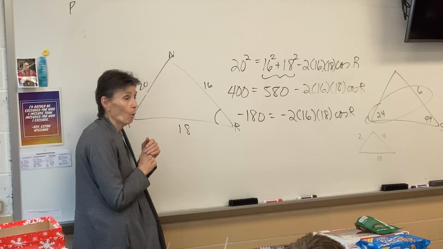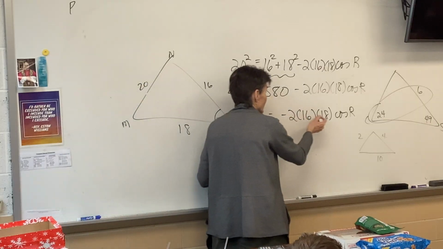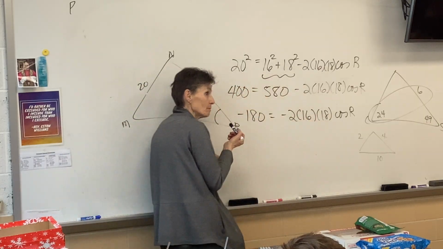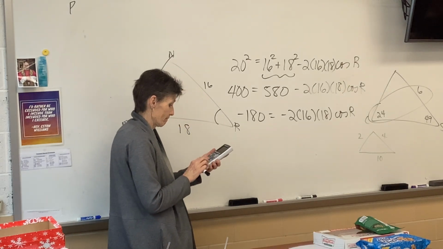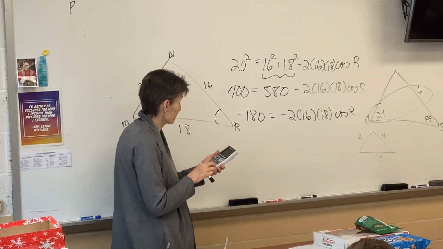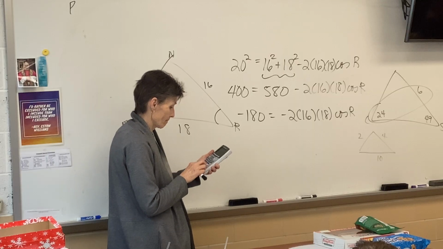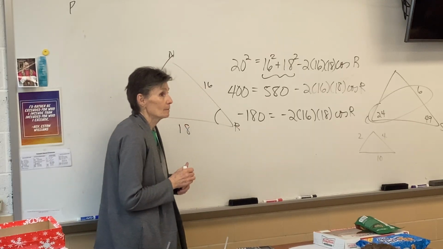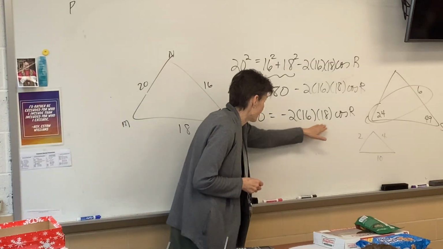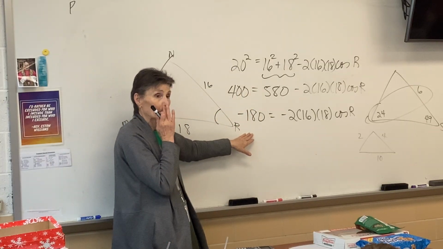Or if you prefer, you could multiply them all together and divide by that number, whatever works for you. But you should get 0.3125 when you divide all this over.